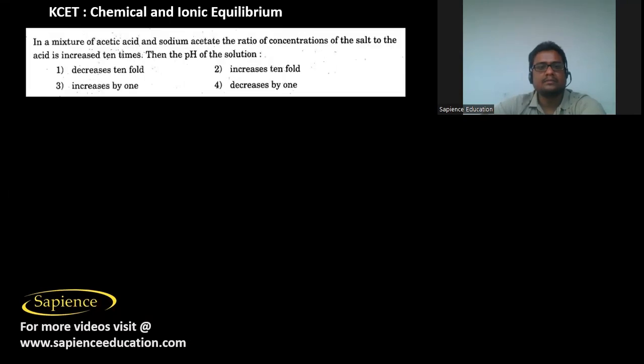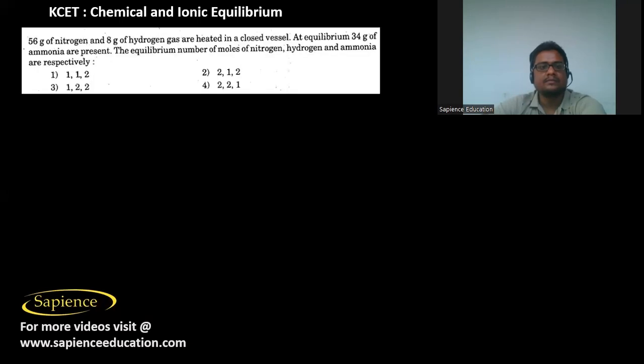Then here it is told that 56 gram of nitrogen and 8 gram of hydrogen gas are heated in a closed vessel until equilibrium. So N2 plus 3H2 will give me NH3.